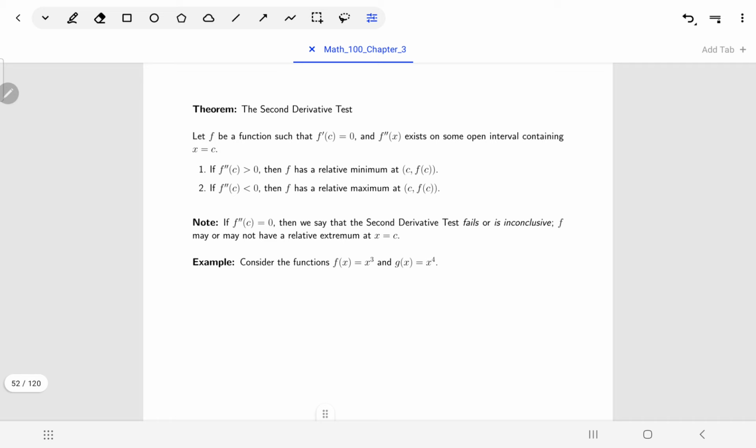And the reason the test seems to work nicely for us is because, again, the first derivative being equal to 0 means we have a horizontal tangent line. So we have to be at some sort of a place where our tangent line is horizontal. And of course, maximum and minimum places are places where we have horizontal tangent lines.